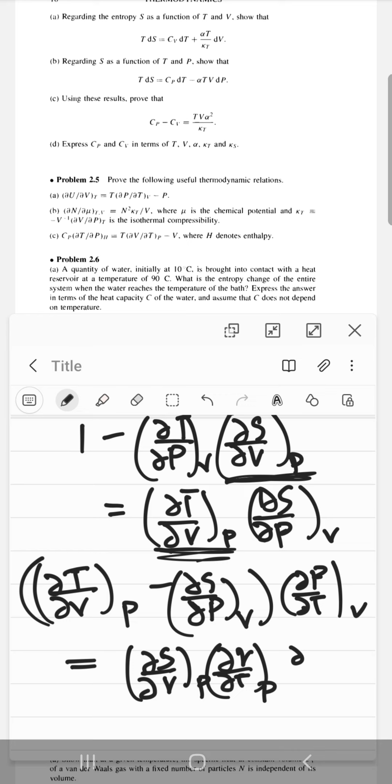Wait a second. What? No, wait. This is very weird actually. That's partial p by partial. Oh, this is making me uncomfortable. God, what is this?